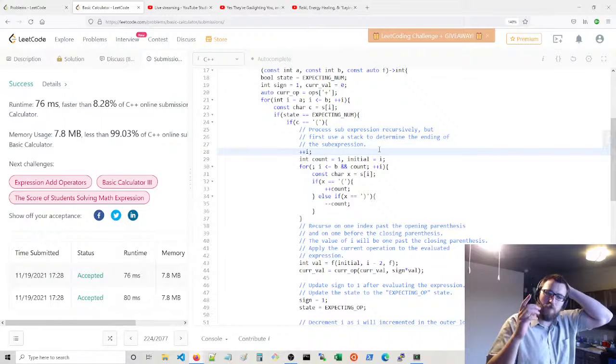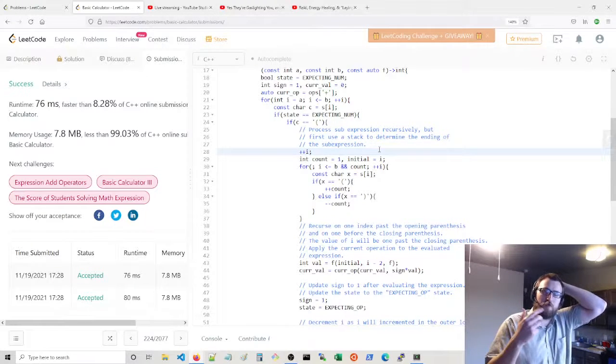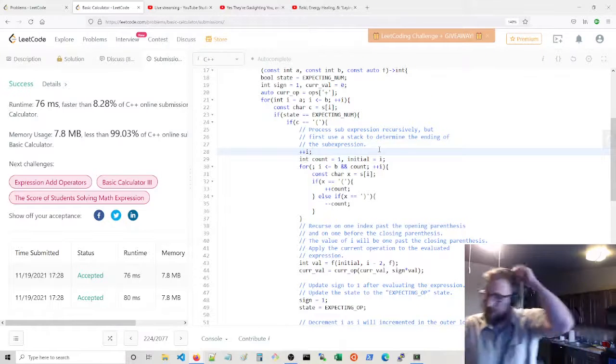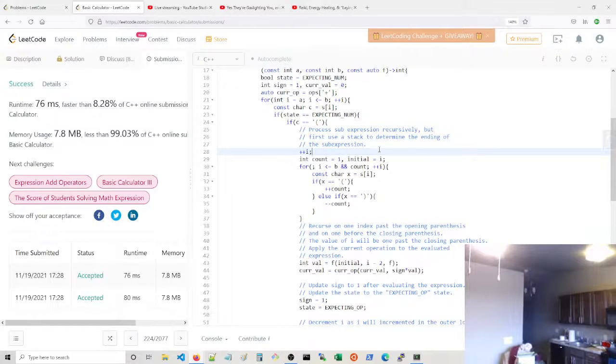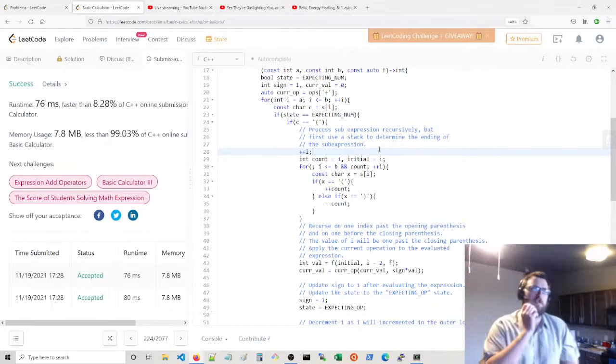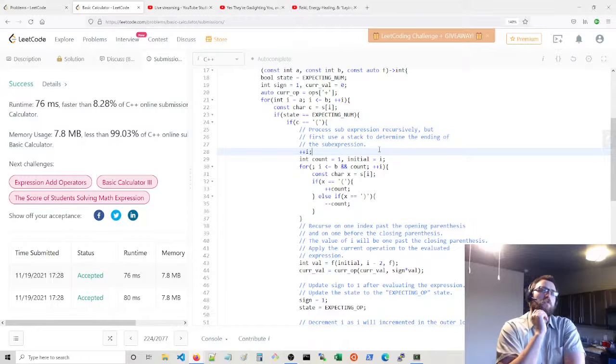So you can use the same stack-based approach. When you see another element, you can push that in the same way we processed here. You see another digit, you can push or evaluate that, sort of use the top of the stack and evaluate that.